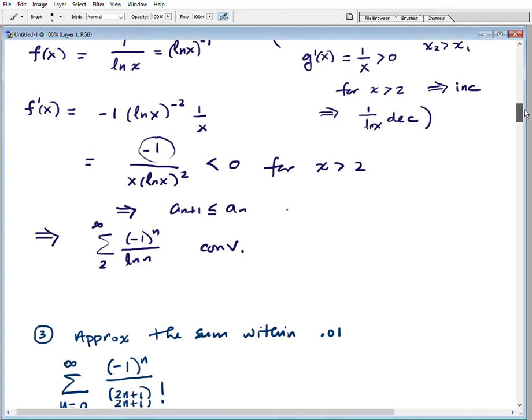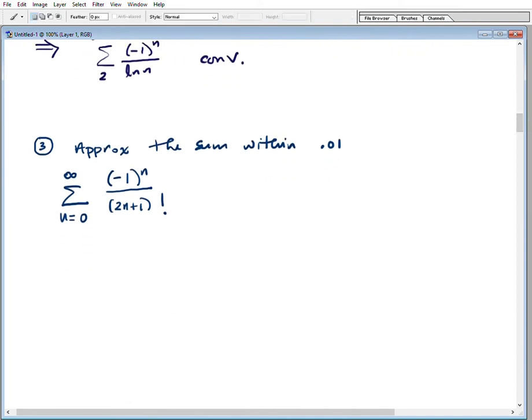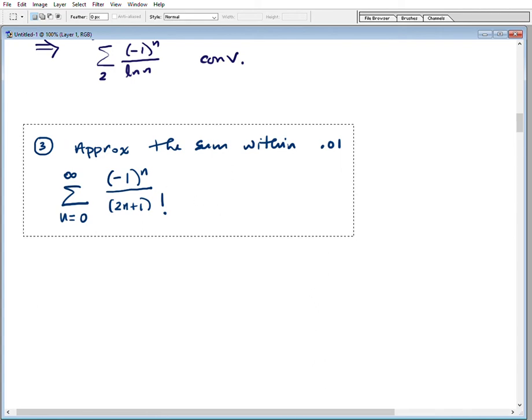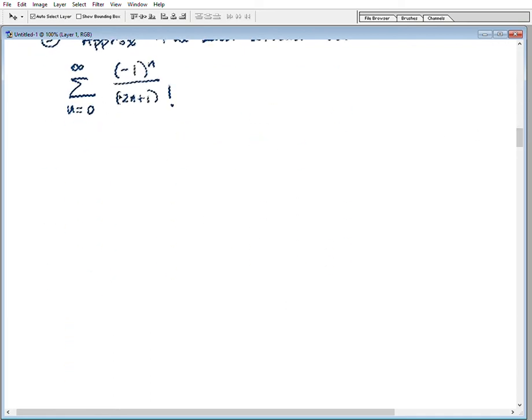Now absolute convergence. I have to move this down again. What do you think? Do you think it converges absolutely, 1 over ln n? What would you guess? Like I said, you have to develop a feeling for these things.